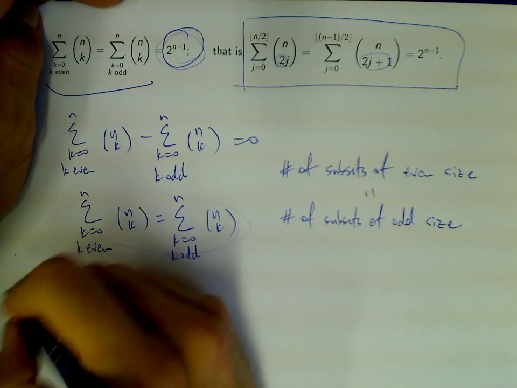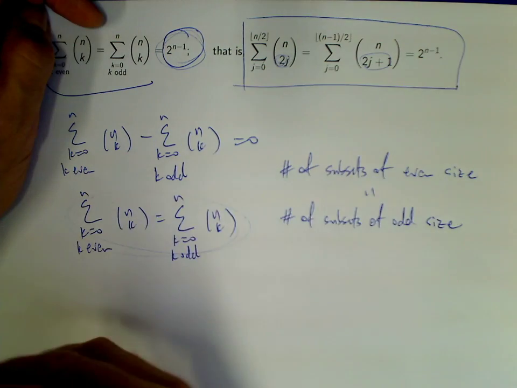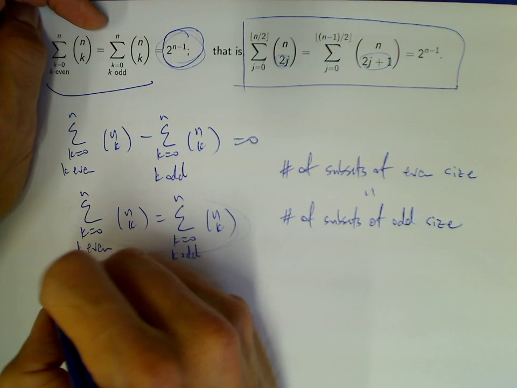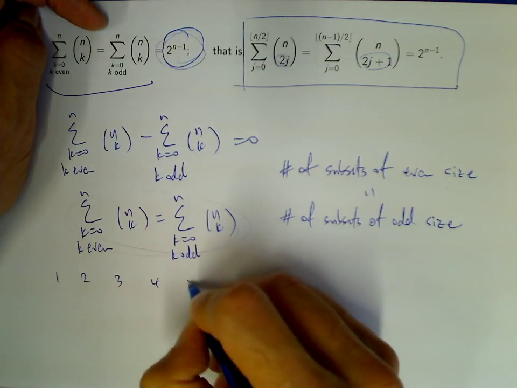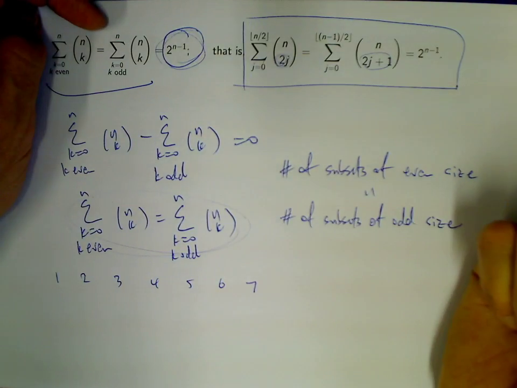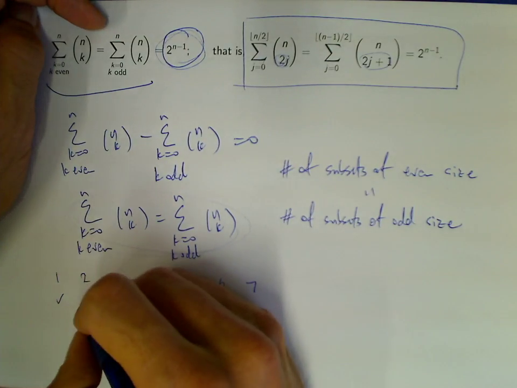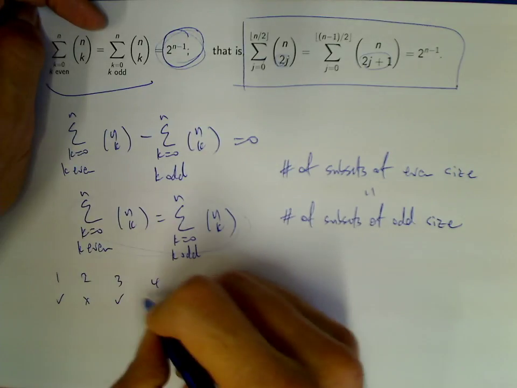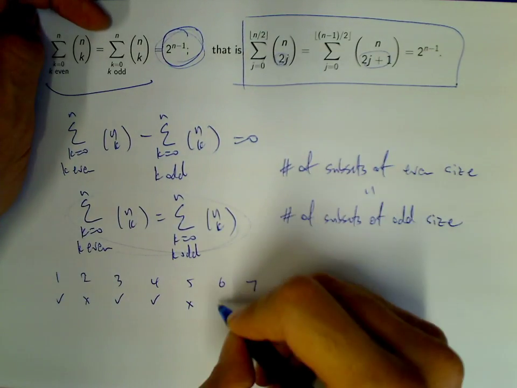But we can also get it a different way using the kind of reasoning we did before, where we decided yes or no. So let's go back to 1, 2, 3, 4, 5, 6, 7. Say I want to choose a subset of even size of this. Maybe I say yes to 1, no to 2, yes to 3, yes to 4, no to 5, and no to 6.